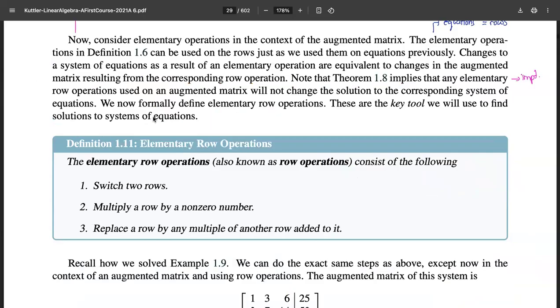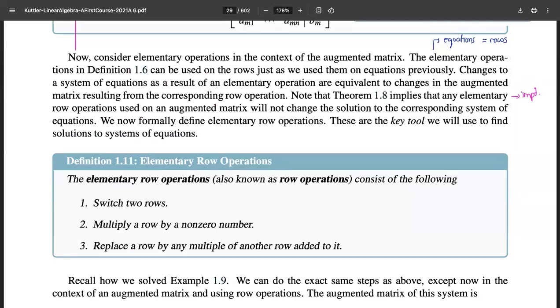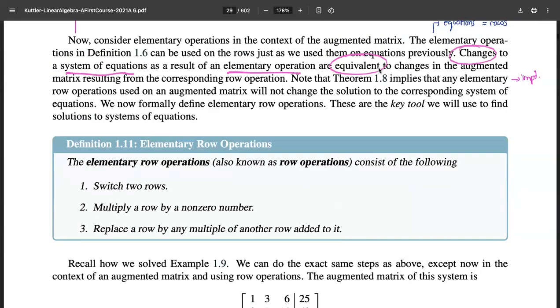Changes to the system of equations as a result of elementary operations is equivalent to the changes in... hang on, give me a second. All right, let me share back my screen.